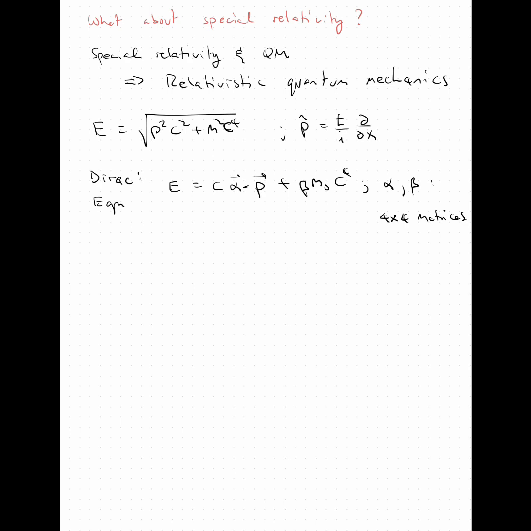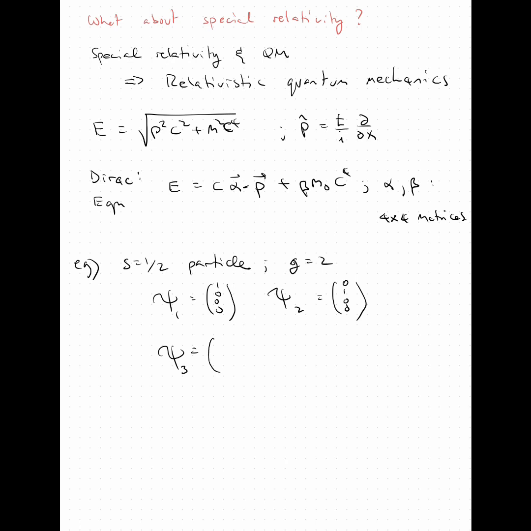If you consider the example of the spin 1/2 particle with g factor set to 2, then our eigenfunctions become these 4-vector objects, where psi 1 is 1, 0, 0, 0, psi 2 is 0, 1, 0, 0, psi 3 is 0, 0, 1, 0, psi 4 is 0, 0, 0, 1.